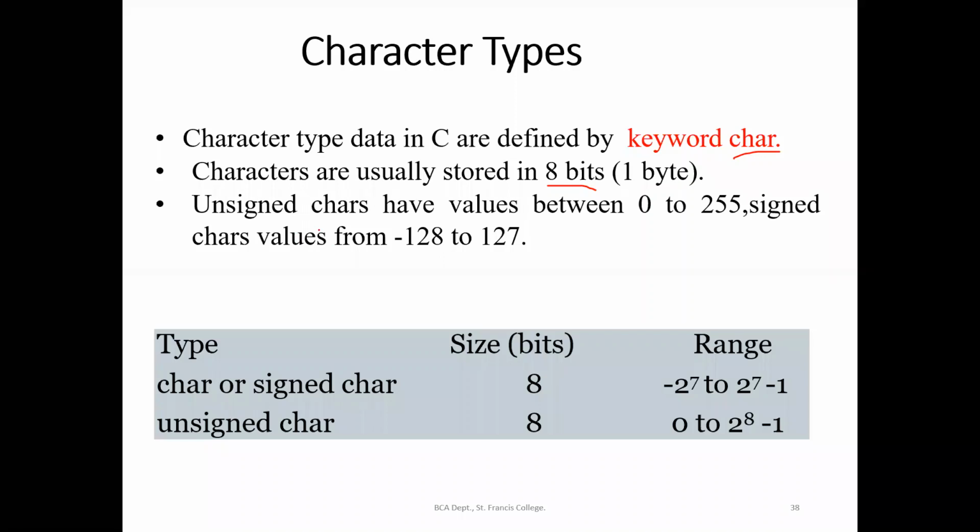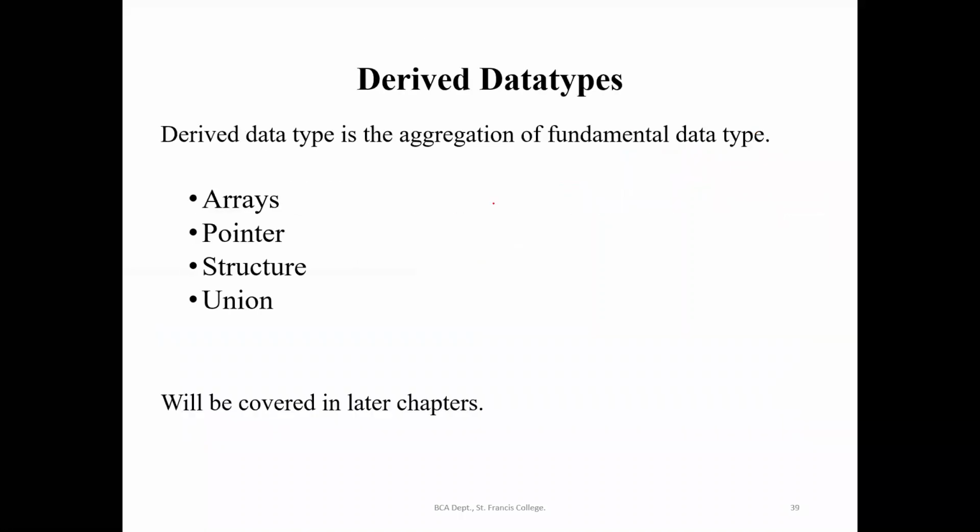A character can be either signed or unsigned. If it is unsigned, you can have 0 to 255. For signed characters, you can have minus 128 to 127.